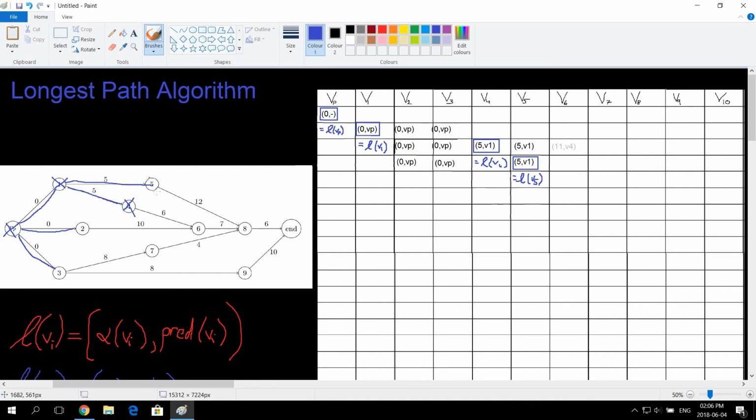It creates, cross this one off here, this line, but we're missing 2 other edges. So we cannot add this to our next step.